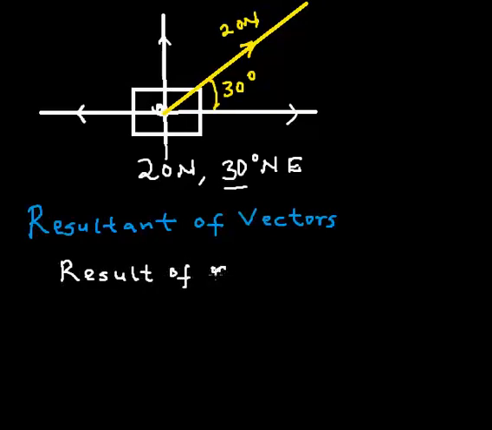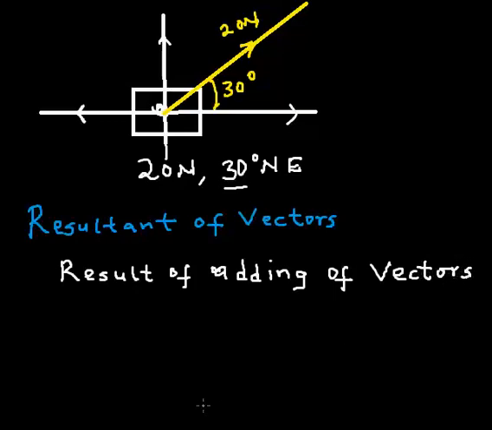The result you get when you add vectors is known as their resultant. Of course, since vectors have direction, their resulting effect can be added. So resultant is the result of adding vectors. That's the resultant of vectors.